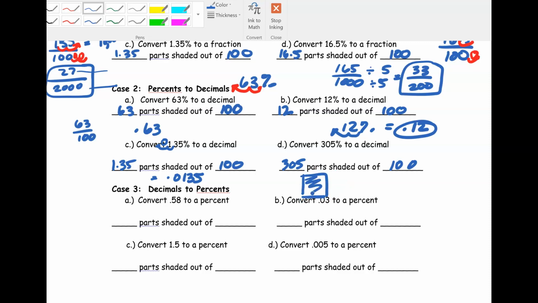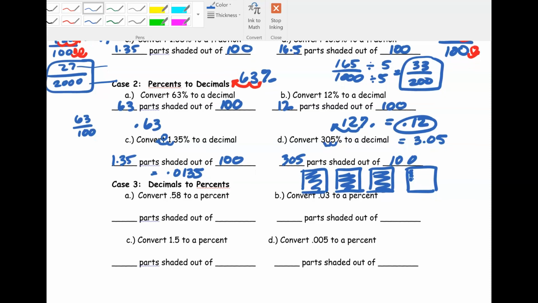So you've got 100, 200, 300, and then you'd have 1, 2, 3, 4, 5 of those little boxes. You could take the decimal here and move it 2 spots to the left. So the decimal for that would be 3.05, which is also what this picture represents, 3 and then 0.05 there.